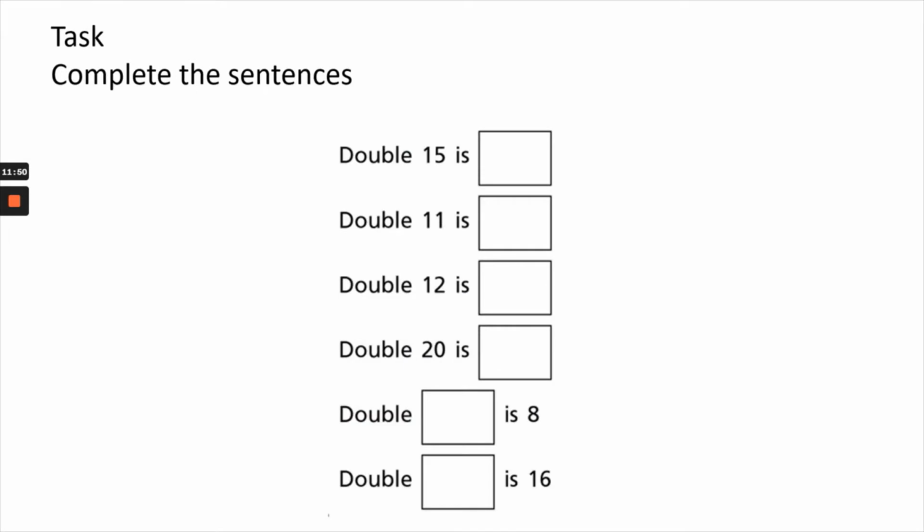Then your second task is to complete the sentences. So double 15 is, you could use the blocks like we looked at in our table, if you have lots of blocks at school or at home, or counters, or you could draw a 10 frame or a part whole model to show how we double.